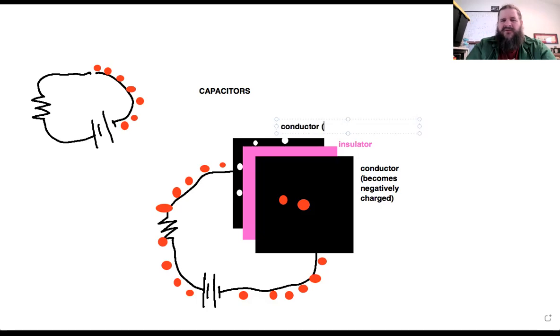By removing electrons, that conductor becomes positively charged. And of course, there's no current crossing over the gap. The insulator prevents any current from jumping from one plate to the other. But overall, if you take a look at where charges are going, we've got electrons moving overall in this direction.